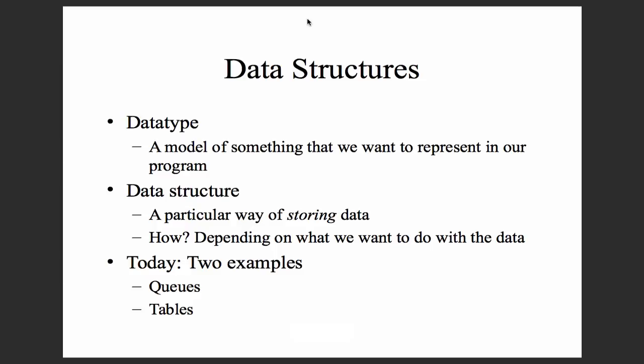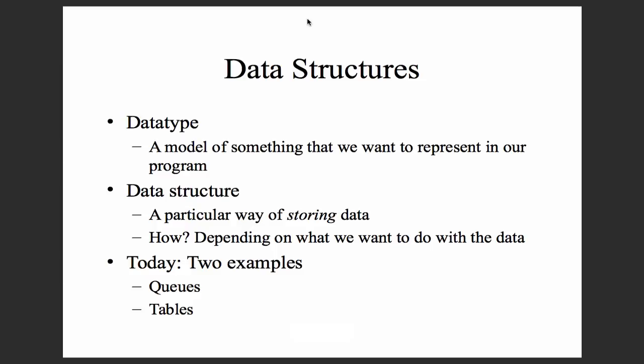A data structure can be thought of maybe a little bit more abstractly as a particular way of storing data and a particular collection of operations that you would like to perform on data. And it's somewhat independent of the way that we actually model the data in the programming language.